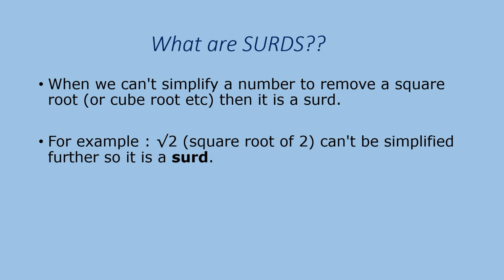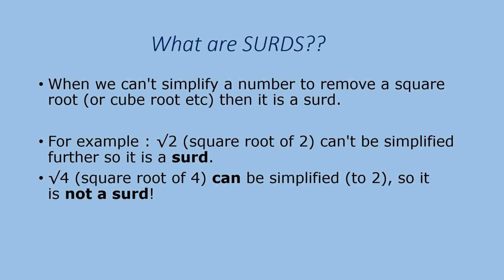Now if you take the example of root 4, the square root of 4 is not a surd because it can be simplified to 2. We know that root 4 can be written as the square root of 2 squared, and when you simplify it, it will be 2.